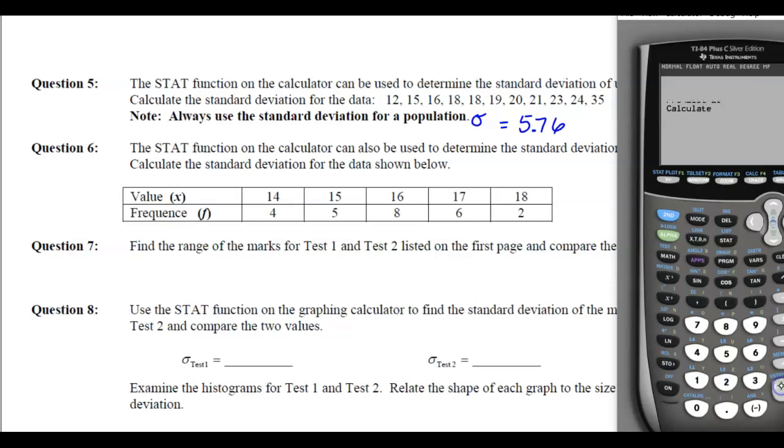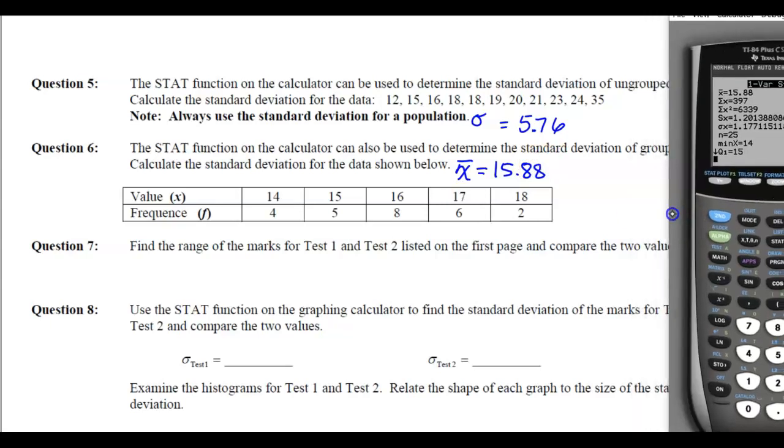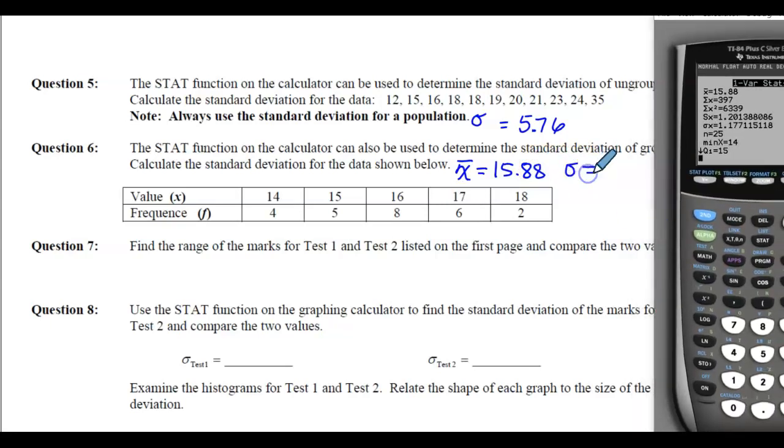Okay, so calculate on that. All right, so our mean is 15.88. Oh, I guess it didn't ask for the mean. Standard deviation is 1.18. We go to 2 decimal places.